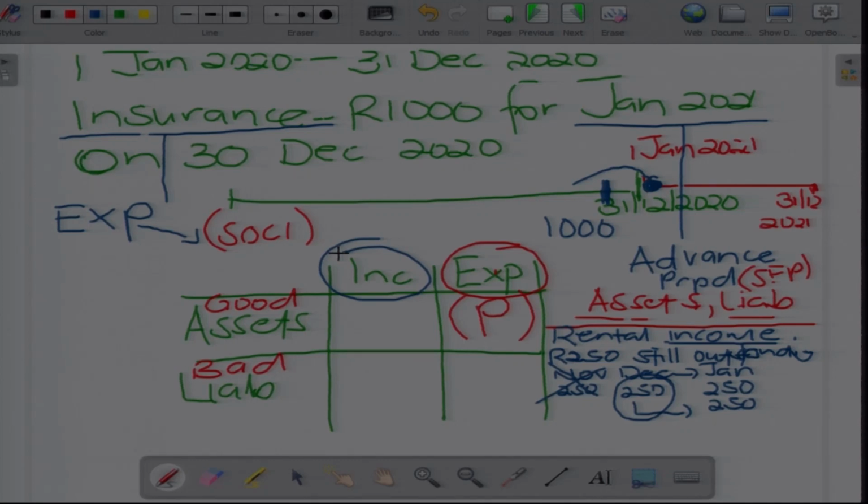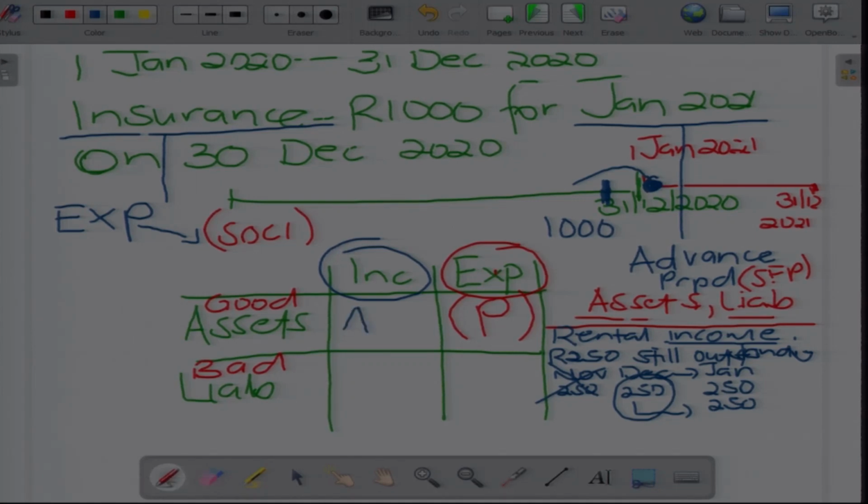It is not good for you, because now in January you cannot pay me 250, you need to pay me 500 rand. So it is an income that is outstanding, is called accrued income, right? For you it's bad, but for me it's good because I'm going to receive double the money.